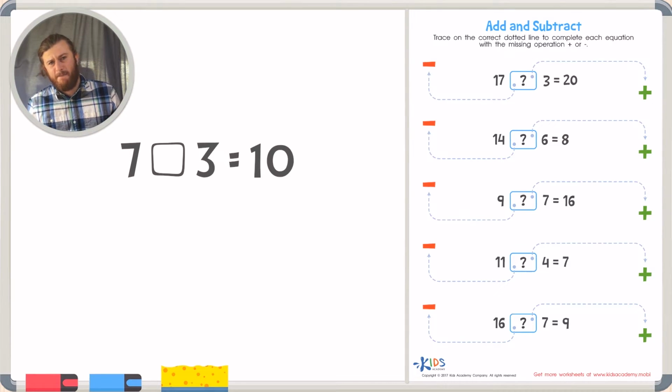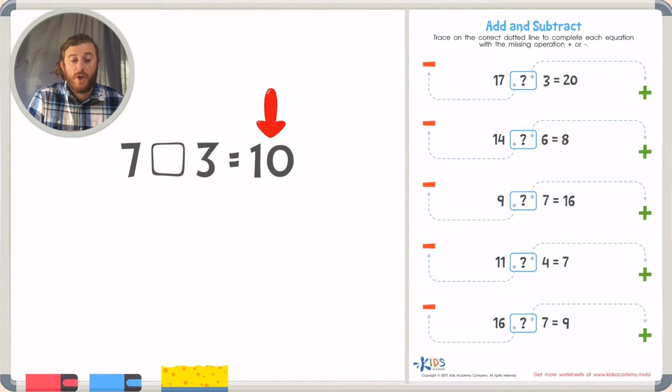Now, do we add or subtract to make things grow or get bigger? Well, of course we add. So if you see that the first number is smaller than your answer, you need to put an addition symbol. And that makes sense because 7 plus 3 equals 10.